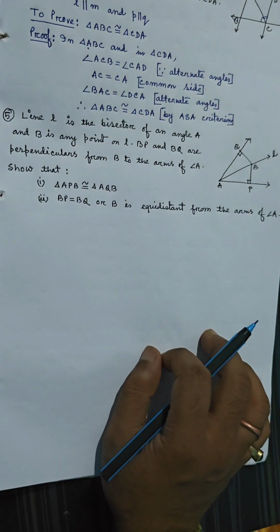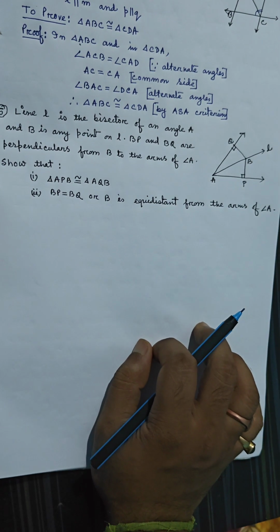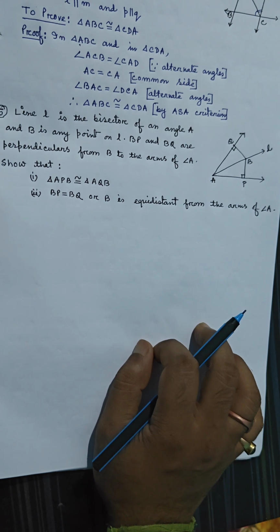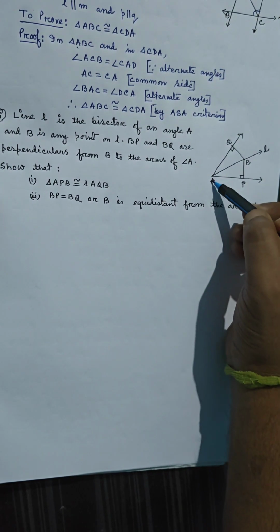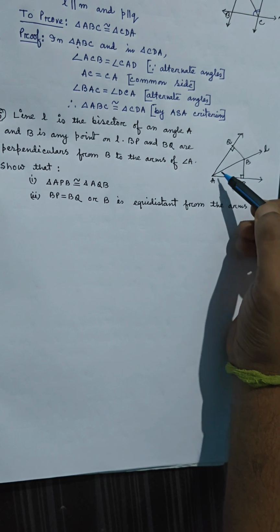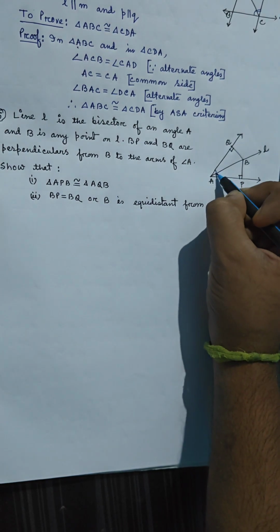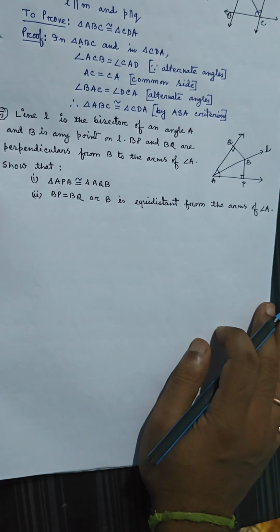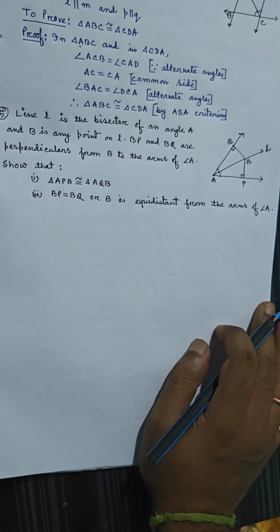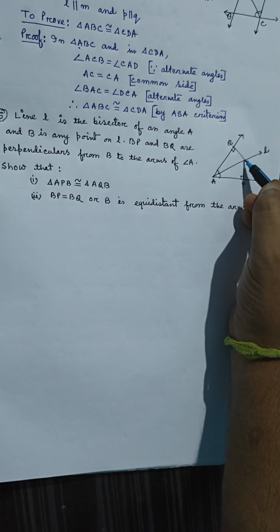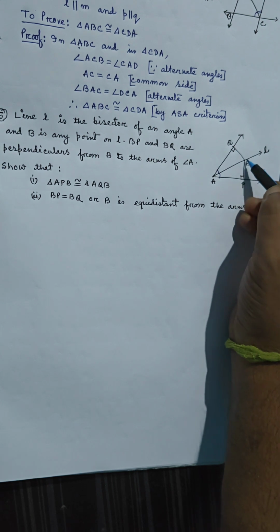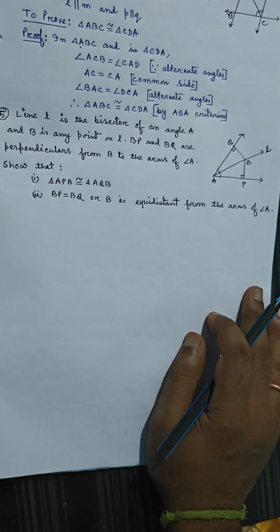So this is our fifth question. Line L is the bisector of an angle A. Line L, this is your line L, is the bisector of angle A. Bisector of angle A means this angle and this angle are equal. And B is any point on L such that BP and BQ are two perpendiculars.